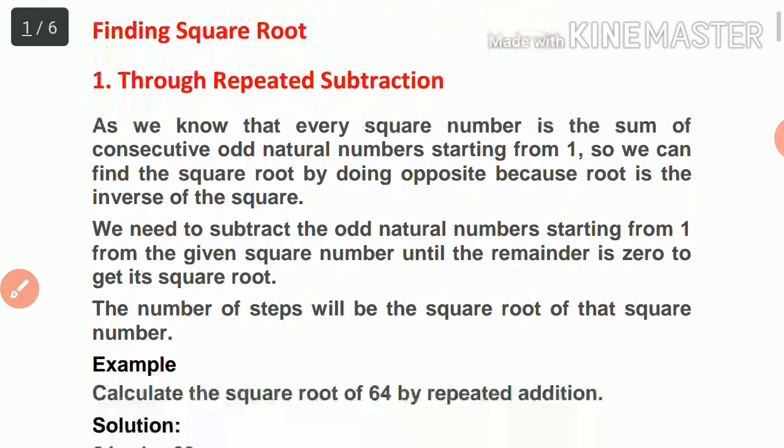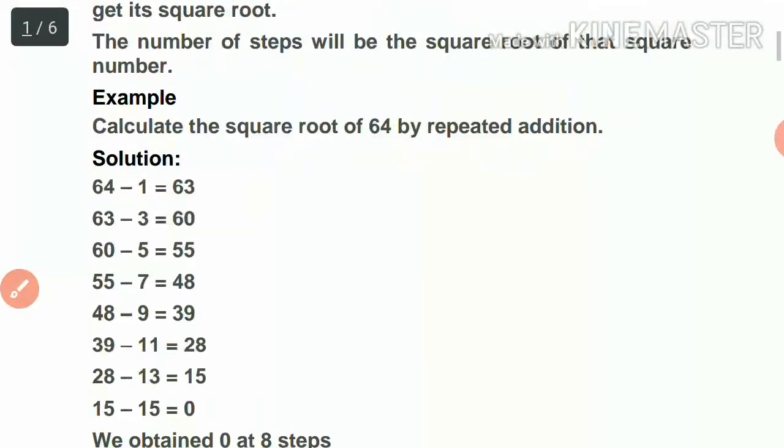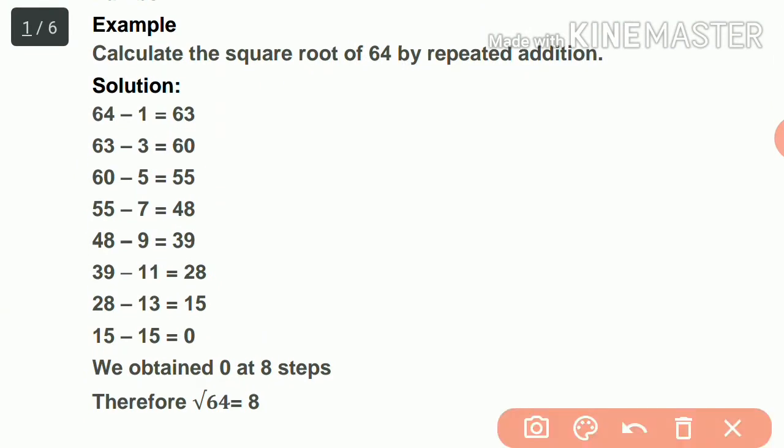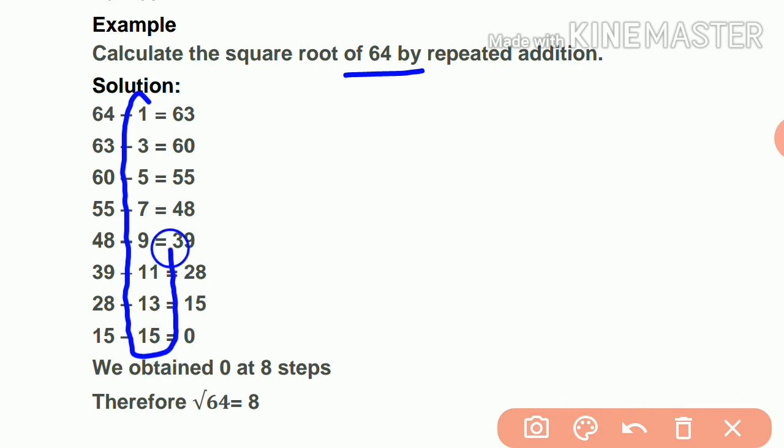Let's take an example: calculate the square root of 64. We subtract the odd natural numbers starting from 1, that is 1, 3, 5, 7, 9, 11, 13, 15, till the result becomes 0.